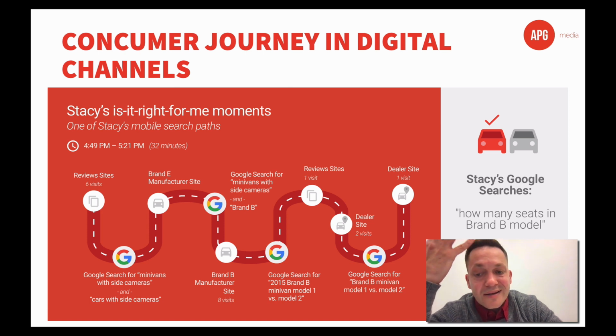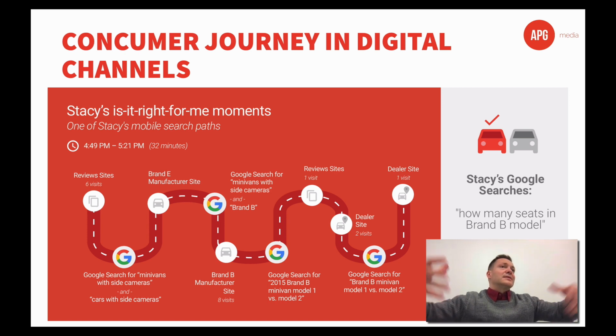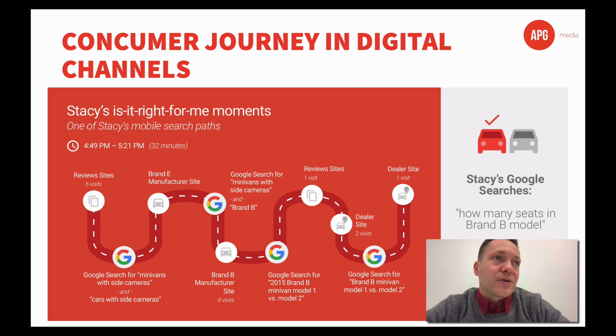So she really cares how many seats are in the brand B model. This is not written here, but for example, when I was searching, I was looking at how many liters are in the back of the car where you put all the luggage and stuff, because in the end it also matters how much stuff you will be able to squeeze into the car.